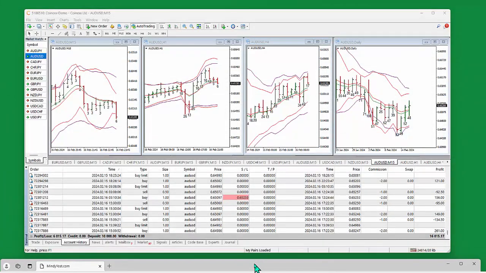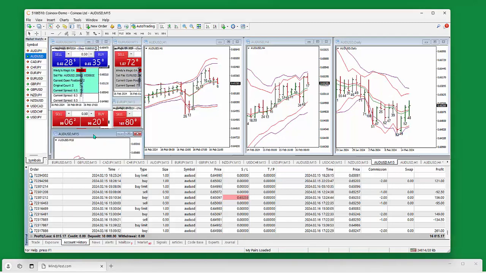So I'm going to pull my website down out of the way and show you a MetaTrader 4 platform that is using the Mega Gold Lines as an indicator on charts.